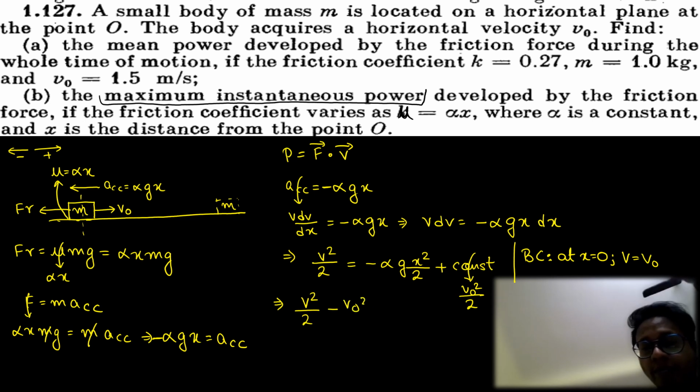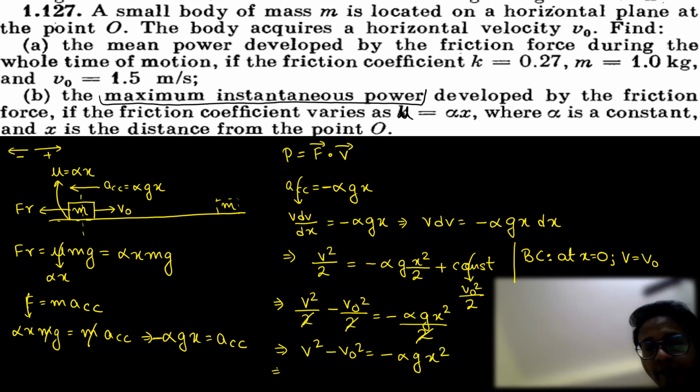minus v naught square by 2 is equal to minus alpha g x square by 2. Out here, 2 and 2 will get cancelled, so v square minus v naught square is equal to minus alpha g x square, or v square is equal to v naught square minus alpha g x square.